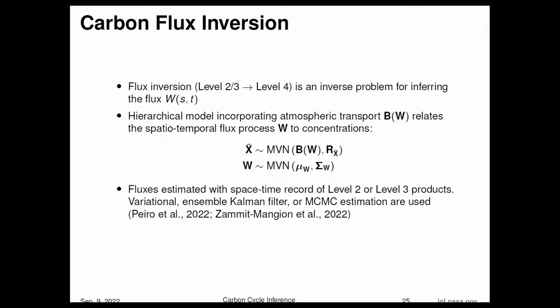It's another hierarchical setup, where there's an assumed distribution on the fluxes, and then the data model, if you will, is for the concentrations, which have a mean that is a function of the fluxes and then some sort of correlation structure. This operator, the B here, is a complex thing as well that captures the transport of carbon dioxide through the atmosphere.